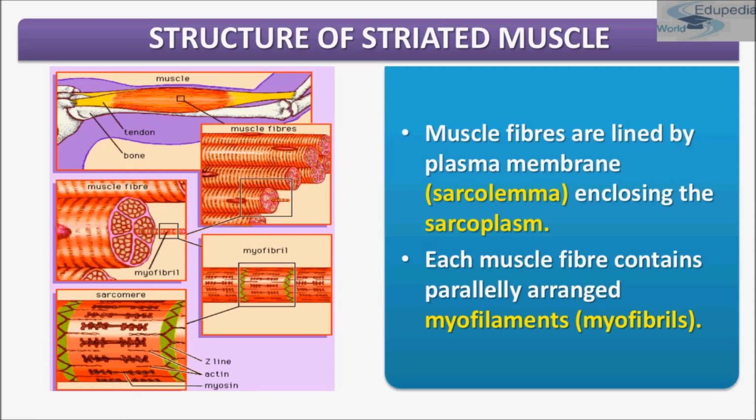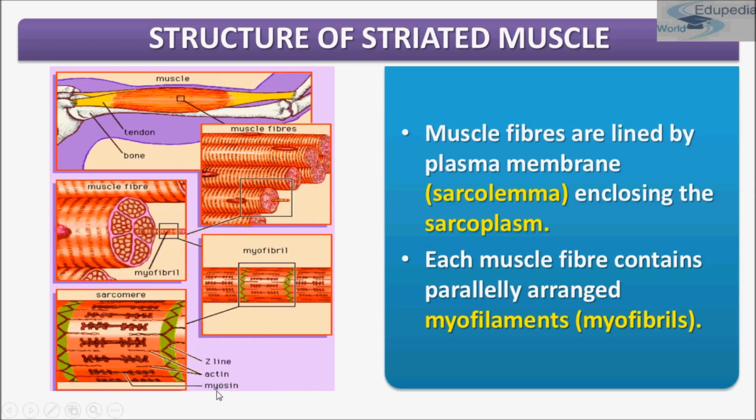This dark strip is the Z line or Z disc, which marks the end of one sarcomere and the beginning of the next. The distance between two Z lines is known as a sarcomere.